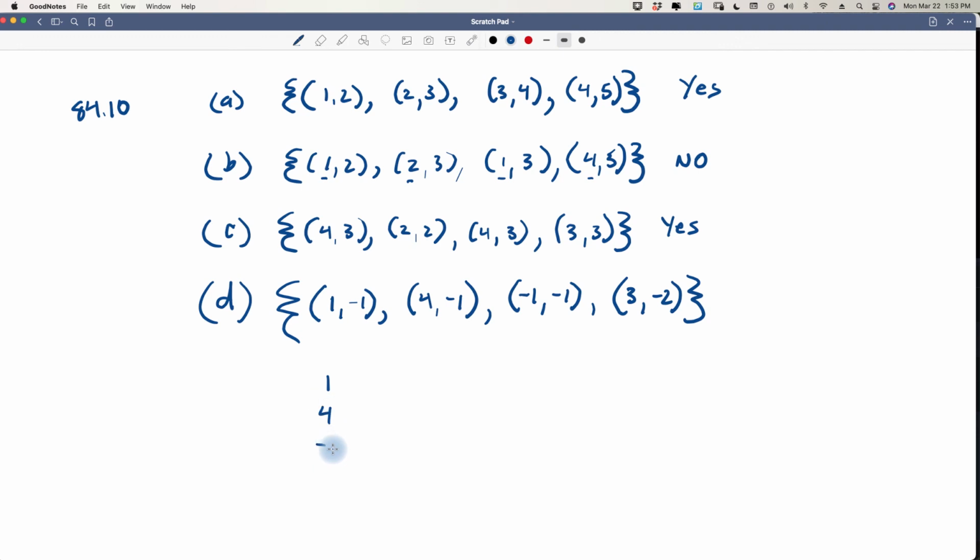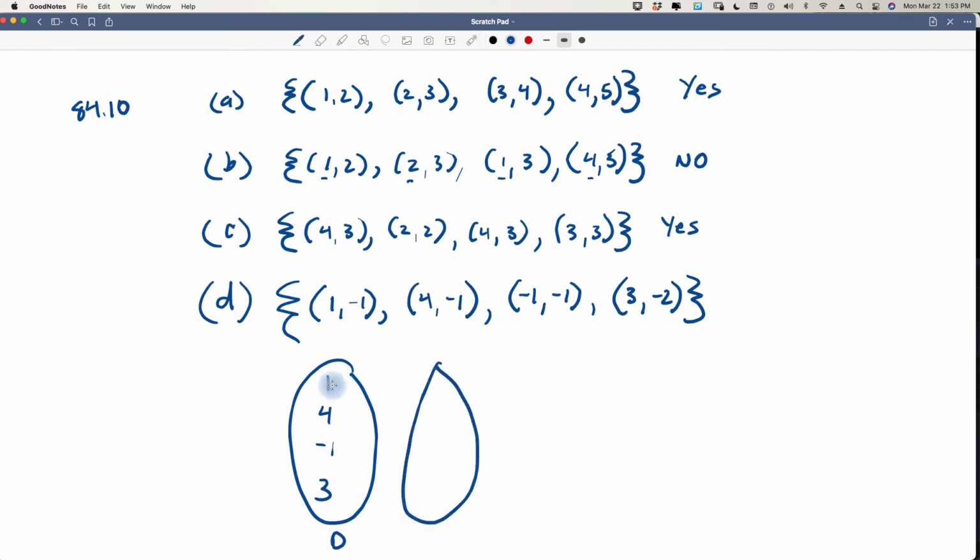And in our range, 1 goes to negative 1, 4 goes to negative 1, negative 1 goes to negative 1, and 3 goes to negative 2. Is that a function? Yes, because each x value has one y value. That's all that's necessary. So yes, this is a function. Do we see how that works now?